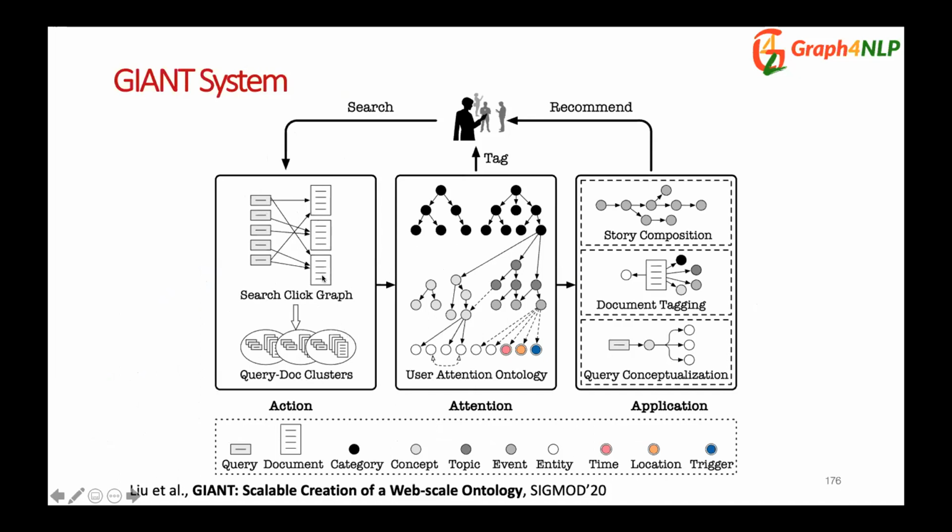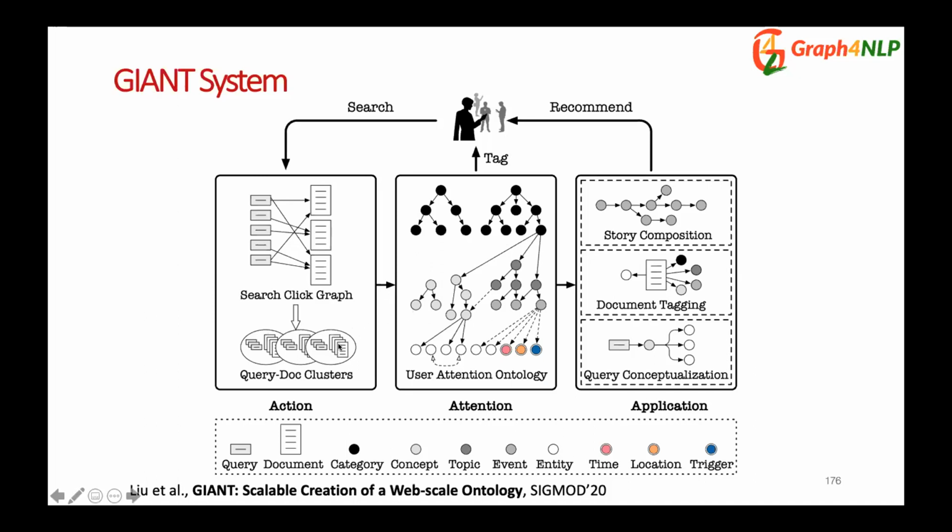Then we perform bipartite graph clustering to divide it into several query-document clusters, where each cluster contains a few highly similar queries and the corresponding top clicked documents. Then for each query-document cluster, we want to extract a potential user interest phrase from it. For example, this phrase can be a concept, a topic, or an event.